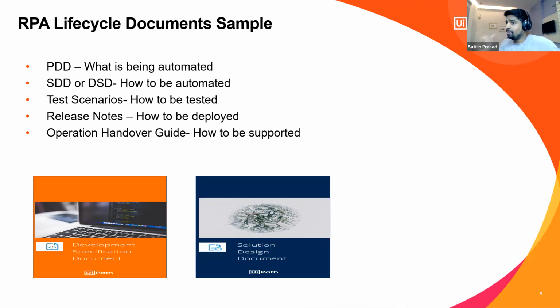And then the really important document is the operational handover guide. I have seen a lot of organizations not creating it at all. So once you develop a bot and hand it over to a support person, the support person needs to monitor this bot in the production environment. And there are scenarios, right? Say, for example, bad data comes in on a Monday morning.